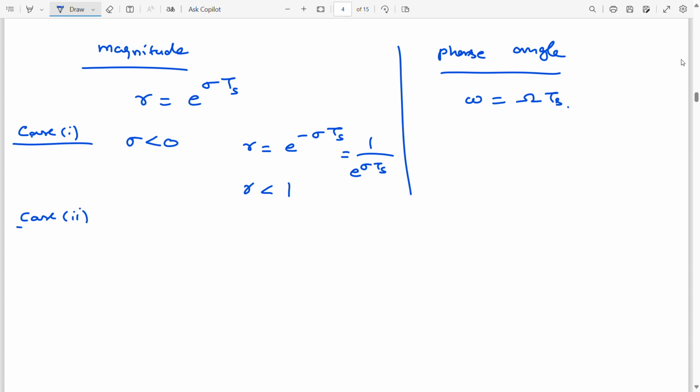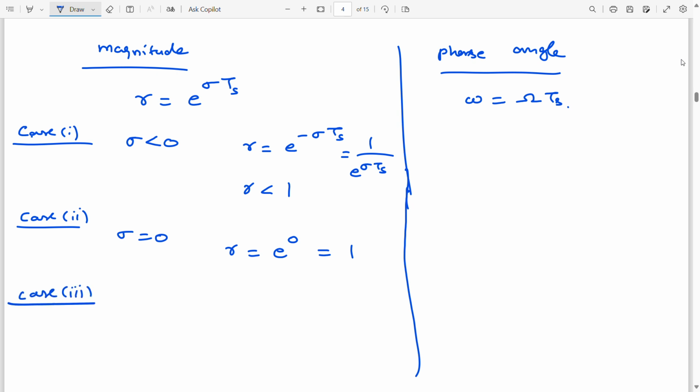And case 2, if sigma equal to 0, that means R equal to e power 0, which will be equal to 1. So the value of R equals 1.